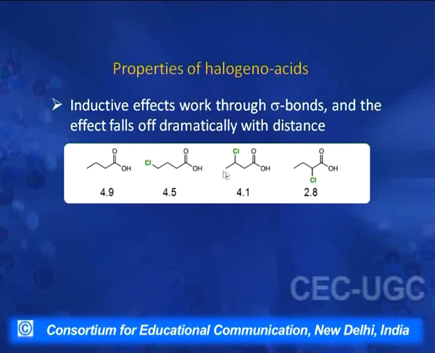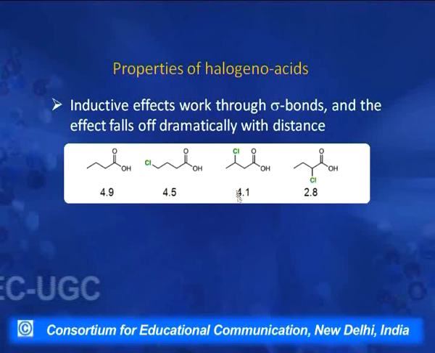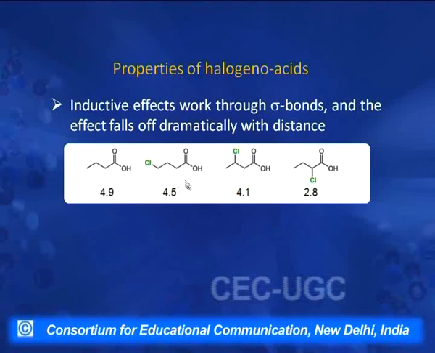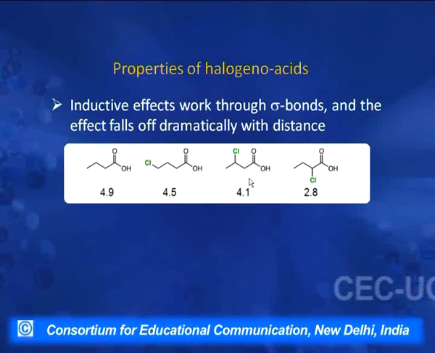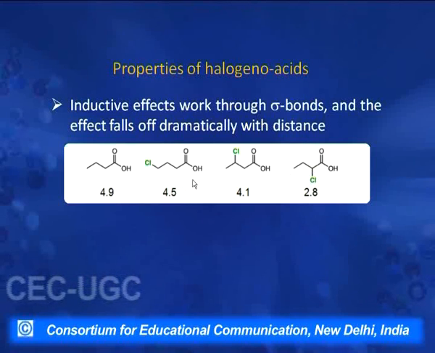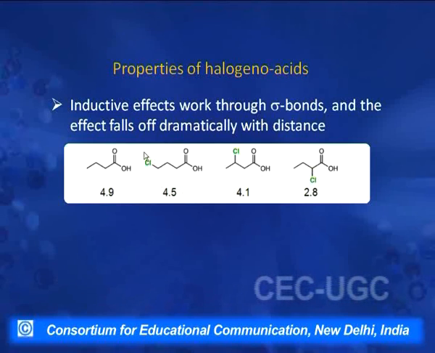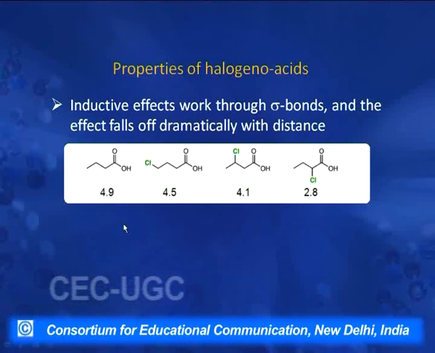But when it is present at the beta carbon, it is 3 chlorobutanoic acid, pK is 4.1, and when it is 4 chloro, then pK becomes 4.5. So, as chlorine is moving away from the carboxyl, we find that pK value is increasing. But even if chlorine is present at carbon number 4, this is stronger than simple butanoic acid.